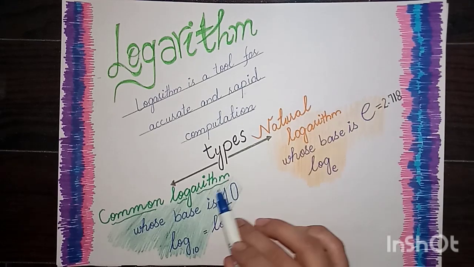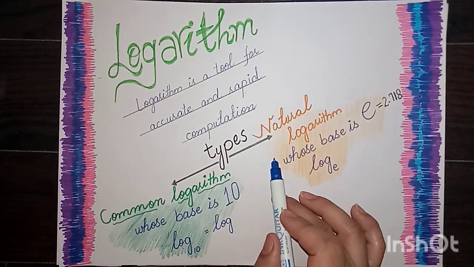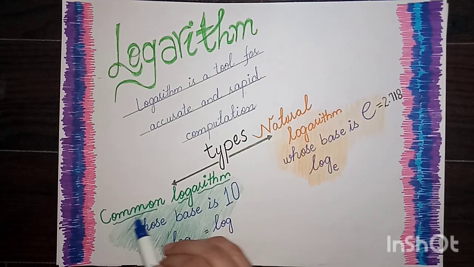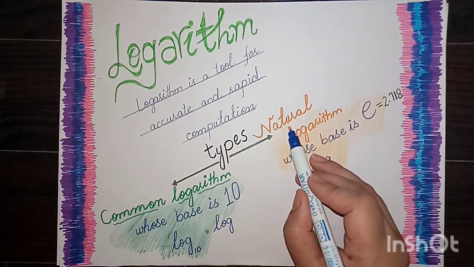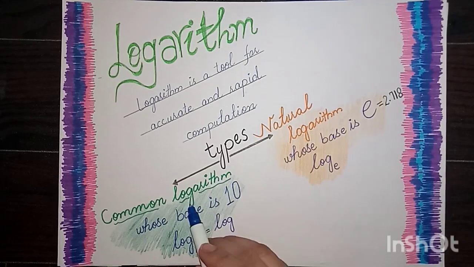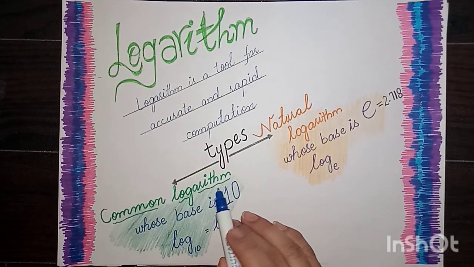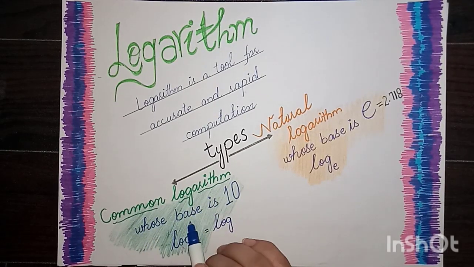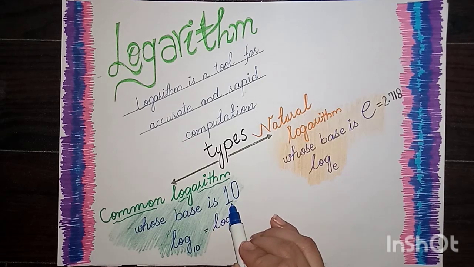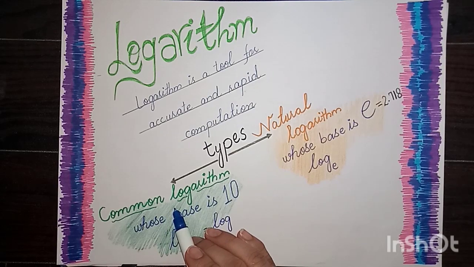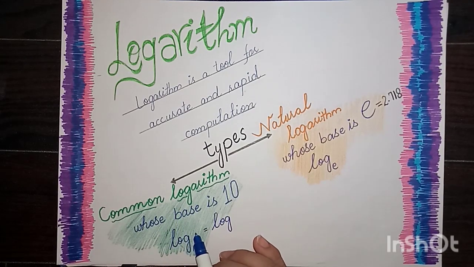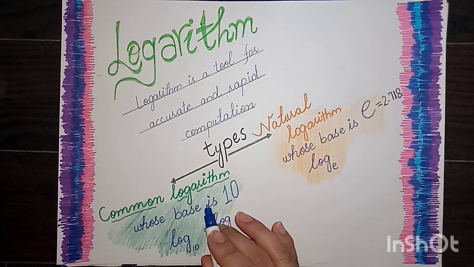Our two types which are related with this exercise are common logarithm and natural logarithm. What is common logarithm? Common logarithm is that logarithm whose base is 10. So log of base 10 is called common logarithm. Viewers, each and every number of this universe, when we find its logarithm, this is a common logarithm.